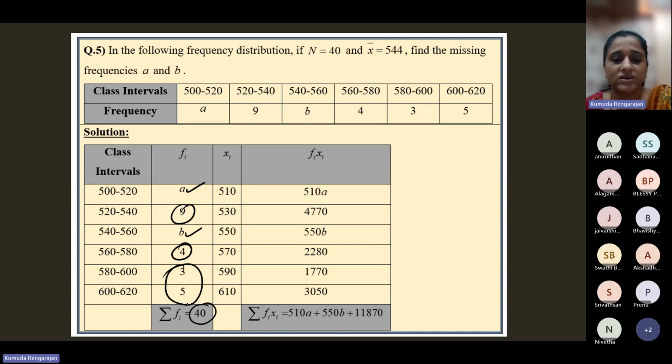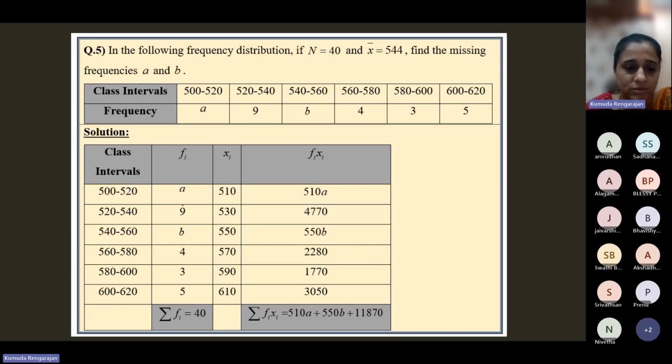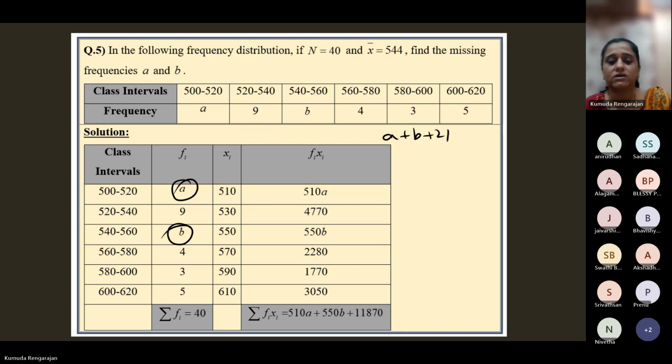So the total of the frequency column is A plus B plus 21. That's also equal to 40. A plus B plus 21 is equal to 40. It's given.